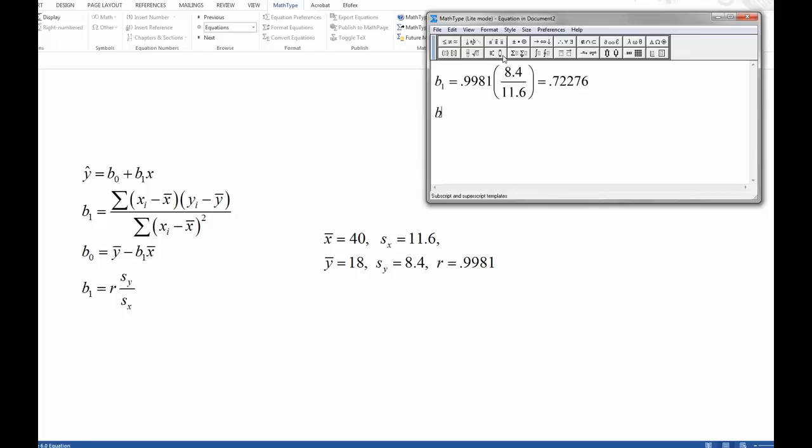And then I want B0, so B naught. Okay, and that would be the y bar, so 18, minus the B1, which is 0.72276, times the x bar, which is 40. So type that in a calculator.